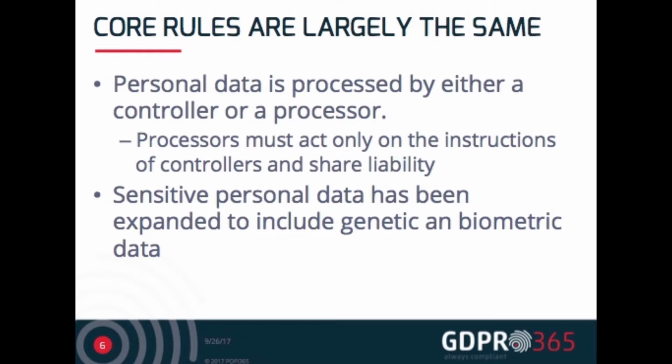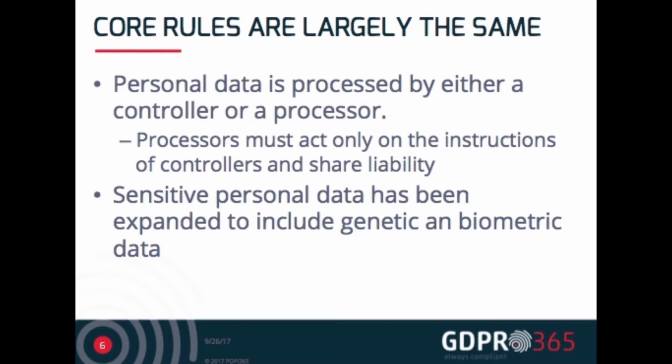Under this regulation, one of the main changes is that the processor and the controller now share liability. As a result, it's very important that the controller gives clear instructions, usually via a written agreement, to the processor specifying what processing they can do.